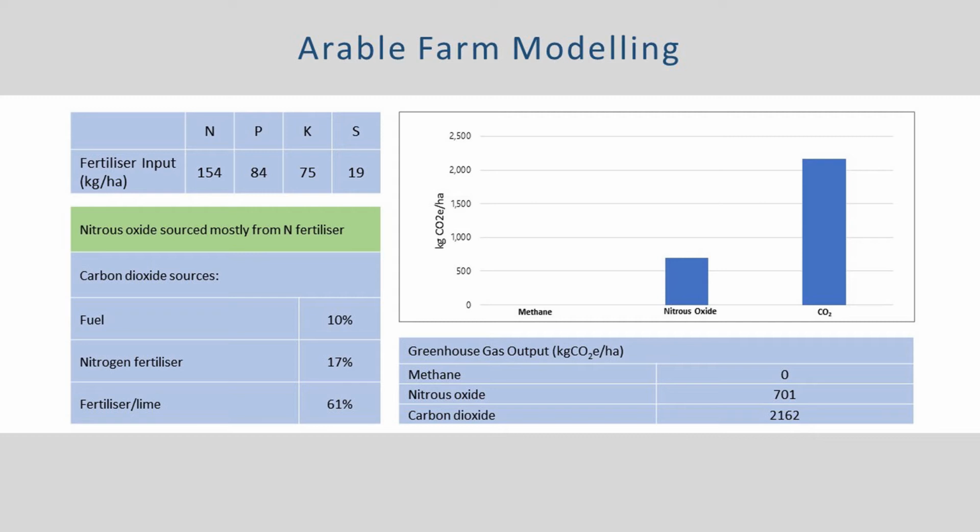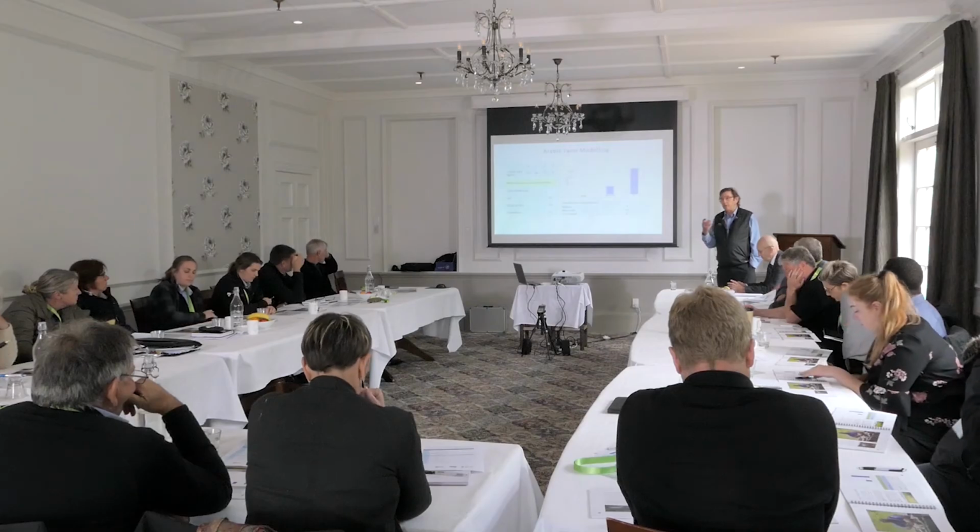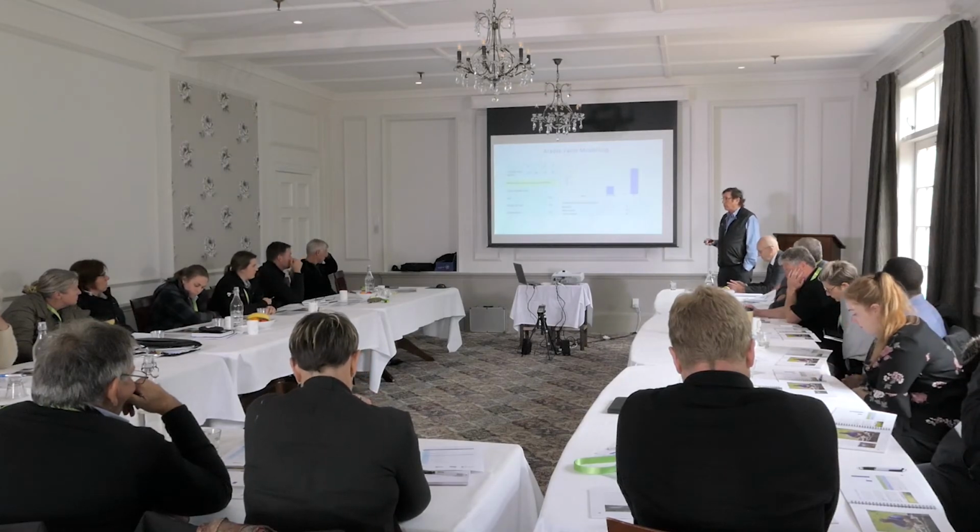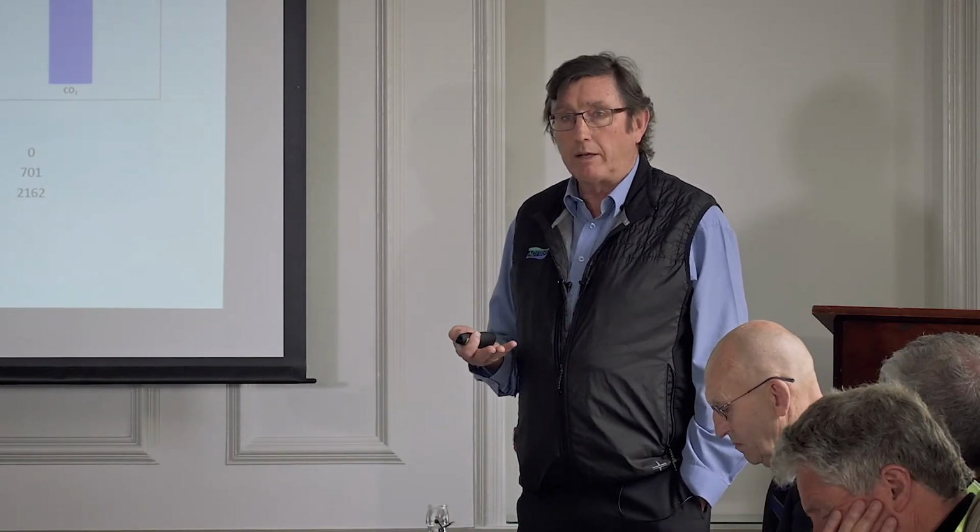Now, you certainly get CO2 from various sources, so these are sort of embedded CO2, if you like, which is already being accounted for within the system. Now, when you cultivate a paddock and turn the old soil over, a lot of the organic matter in the soil oxidises and you get a lot of CO2 emitting.